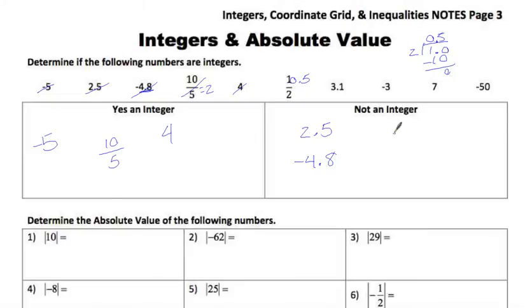So that's a decimal, so it's not an integer. I want you to try the last 4 on your own. Pause the video here and do the last 4. So 3.1, that's a decimal, so that's not an integer. Negative 3 is a whole number, so it is. 7 is a whole number, and so is negative 50.